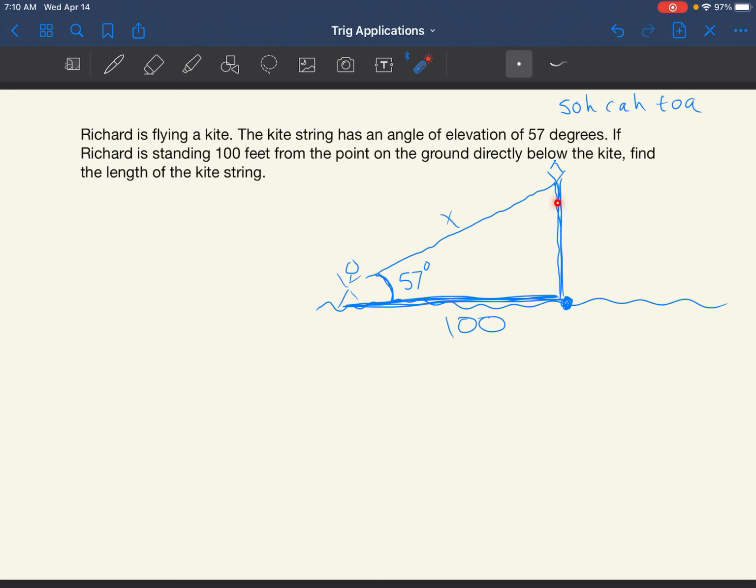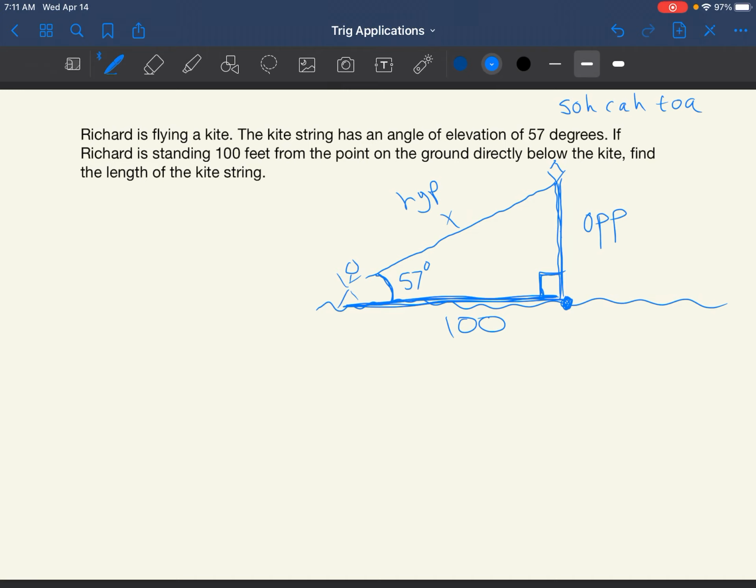That's your opposite. So I will label it OPP. This is my right angle. It's that angle that forms a perfect L shape. And directly across from my right angle, this side right here, that's my hypotenuse. I'll go ahead and label it HYP.